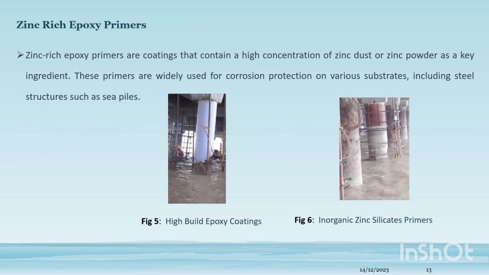Zinc-rich epoxy primer. Zinc-rich epoxy primers are coatings that contain a high concentration of zinc dust or zinc powder as a key ingredient. These primers are widely used for corrosion protection on various substrates, including steel structures such as sea pile.